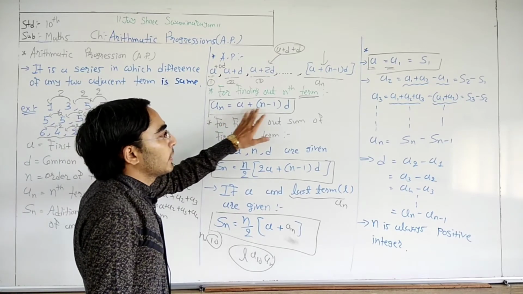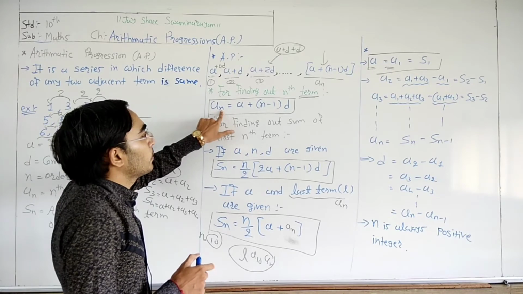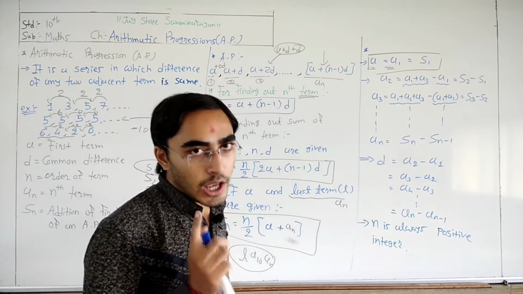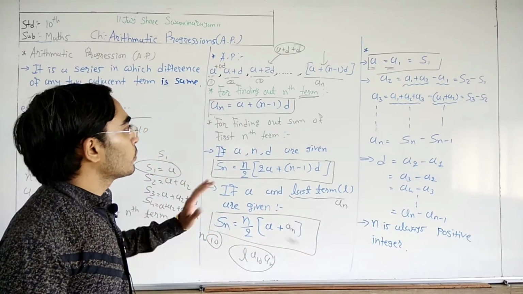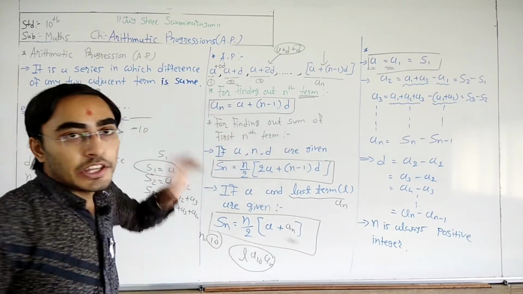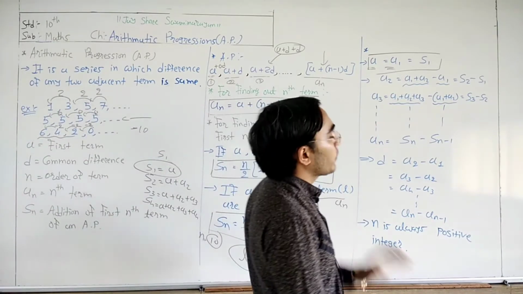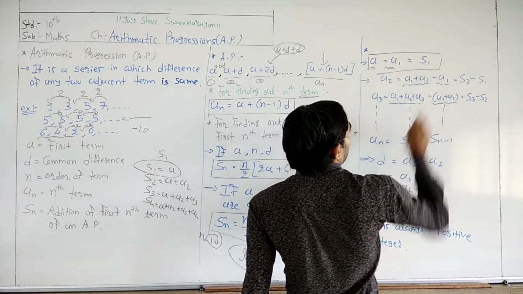If we want to find a2, then in place of n we need to write 2. But one more formula we have for an in terms of Sn. So a2, what does it mean? We can write it like this: a1 plus (a2 minus a1).